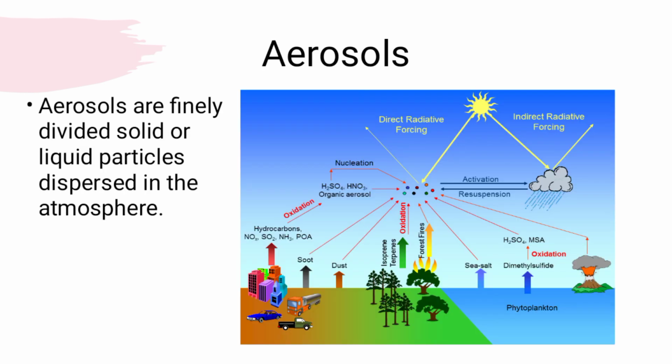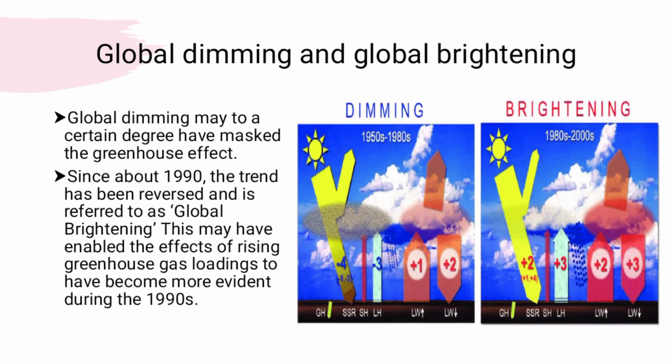Aerosols. Aerosols are finely divided solid or liquid particles dispersed in the atmosphere. Global dimming and global brightening. Global dimming may, to a certain degree, have masked the greenhouse effect.